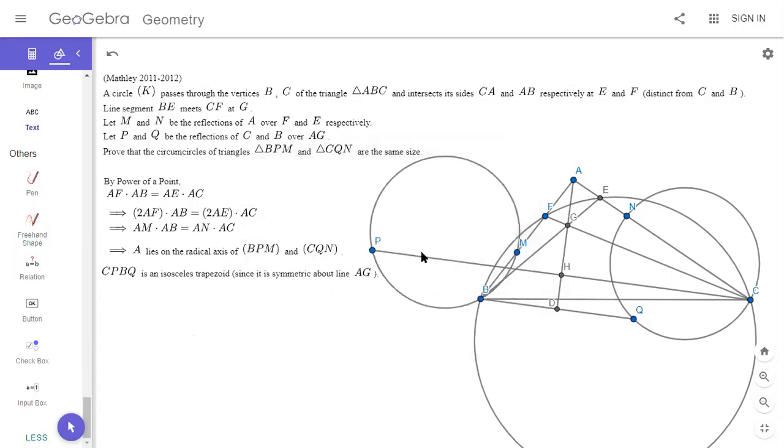Well, we don't even need that it's cyclic. Basically, just by symmetry, BPCQ and AG concur.